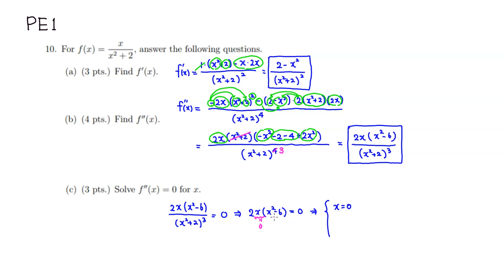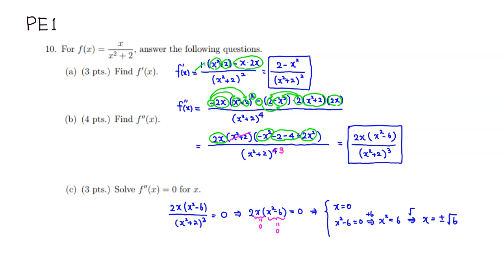Or we can make x squared minus 6 equal to 0, which means that adding 6, x squared is equal to 6. Then we take the square root of both sides, so x is equal to plus or minus square root of 6.